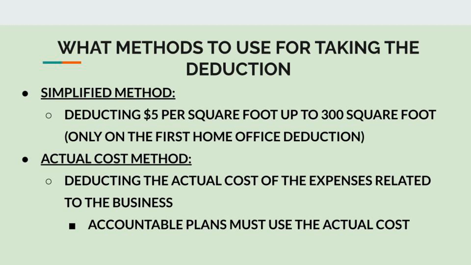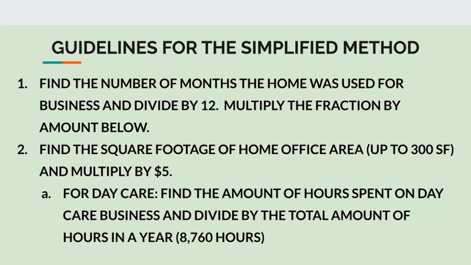One thing to keep in mind is that if you're using the accountable plan, you have to use the actual cost. You cannot use the simplified method. Let's go over how we calculate the simplified method.